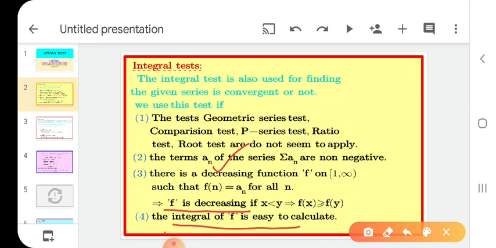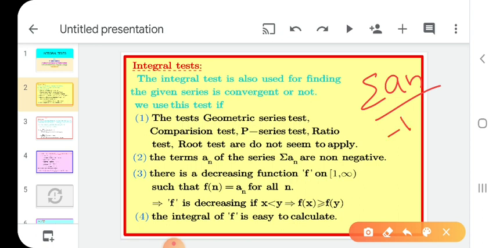These three main points, if the given series satisfies them, we can apply the integral test.